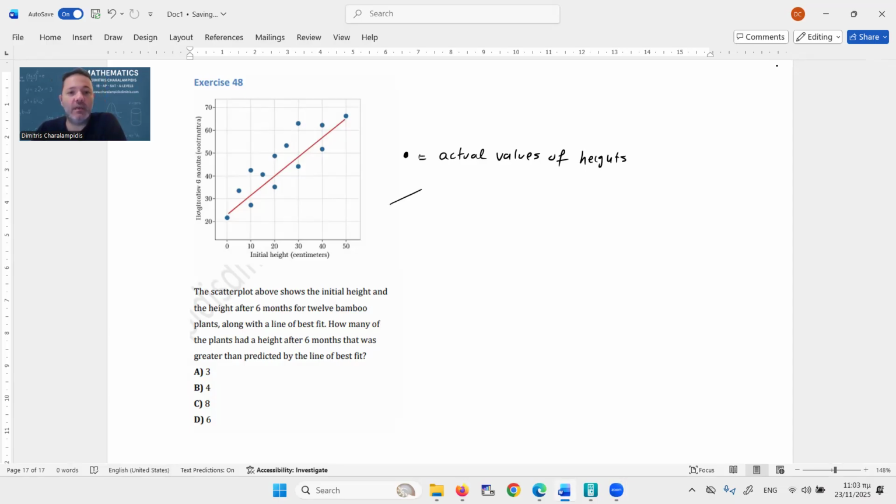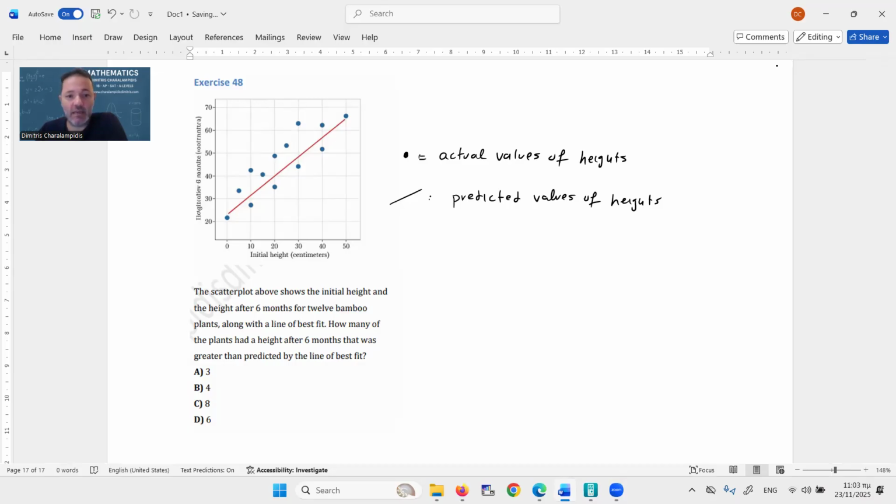However, here we have a line of best fit as well. And on the line of best fit, we can see the predicted values of heights.